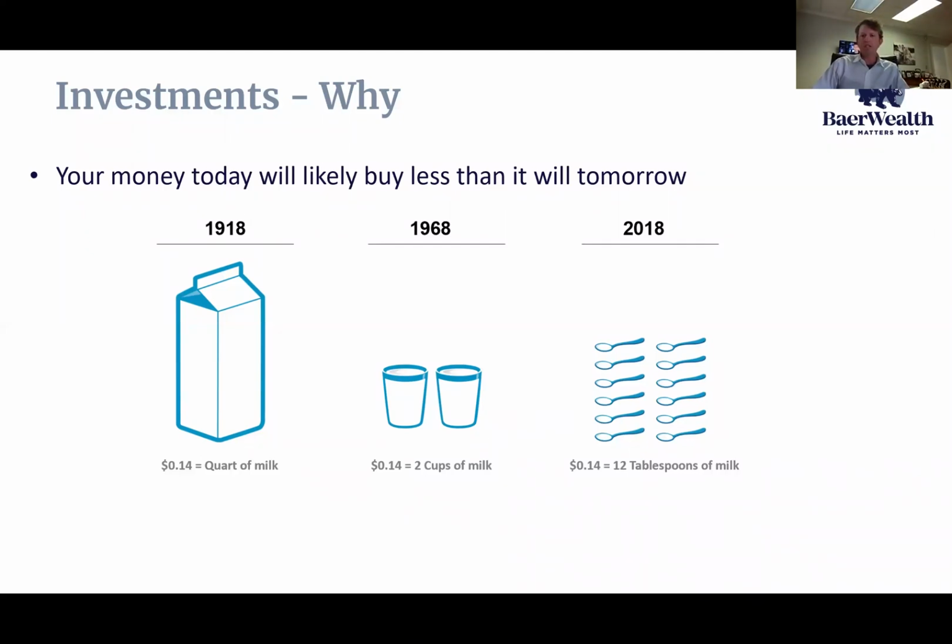Common sense, or just life experience, tells you that your money today does not buy you the same amount as the same dollar figure would have 10, 20, 30, 40 years ago. So you need to have that money grow so that your dollar today will buy you as much as a dollar years from now.